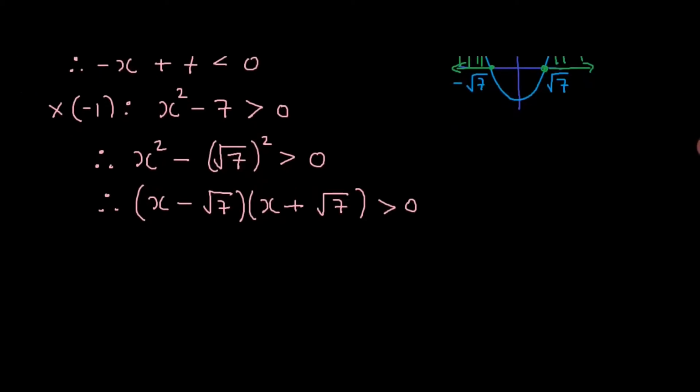So then our solution will be x is less than negative the square root of 7, or x is greater than positive square root 7.